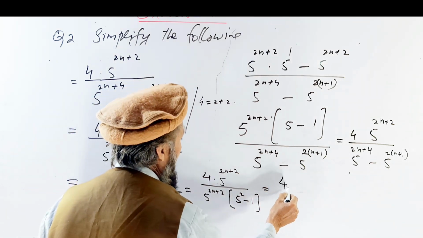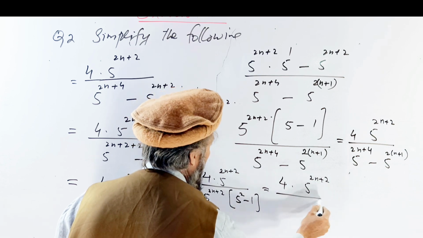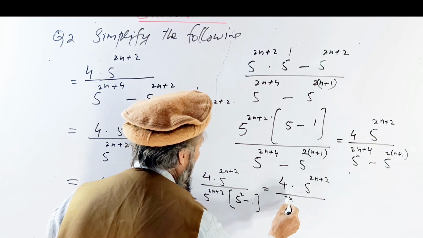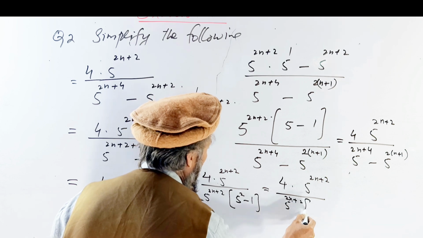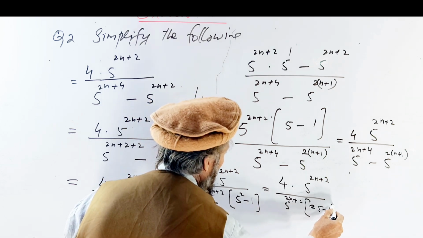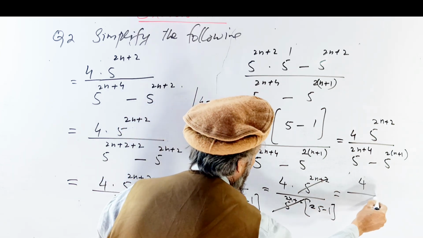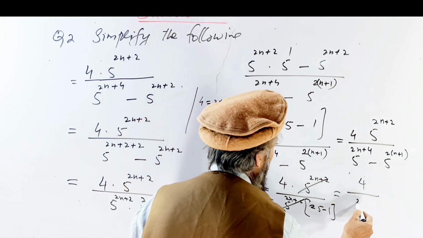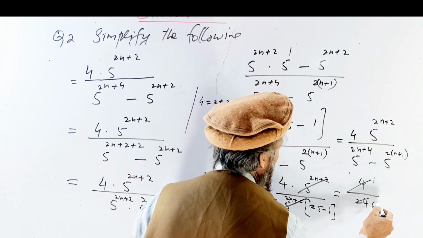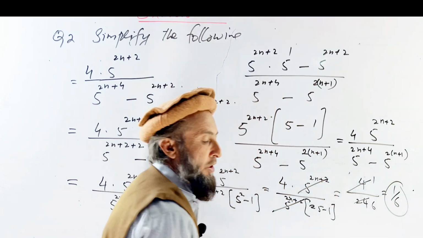So we can write further 5^(2n+2) divided by 5^(2n+2) into 25 minus 1. This is cancelled to each other. We get 4 divided by 24, and 4 and 24 also cancel. We get 1 over 6.